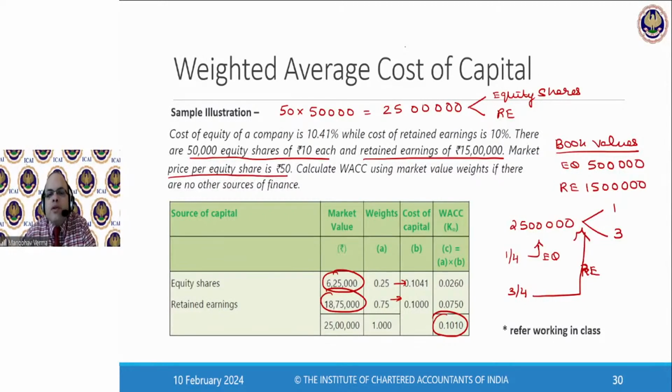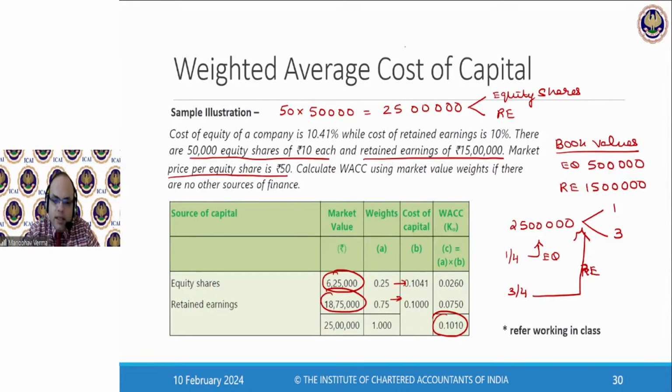But we still need to understand, because this is a question which only talks about these two components. Where we are talking about some additional decision making, where additional capital needs to be raised, and if there is equity and retained earnings in the books and they ask you to take the market value as the weights, you should know how the market value gets bifurcated into equity and retained earnings.